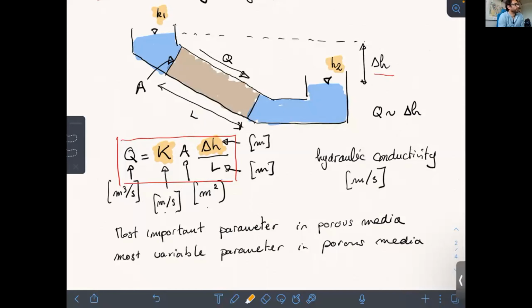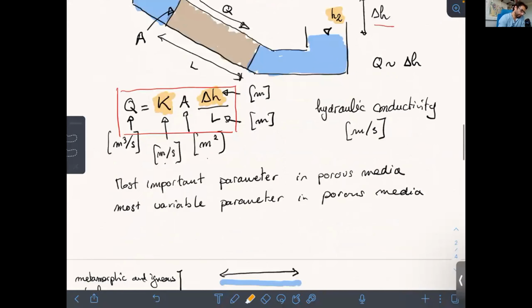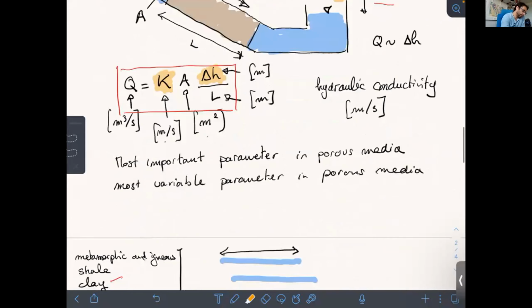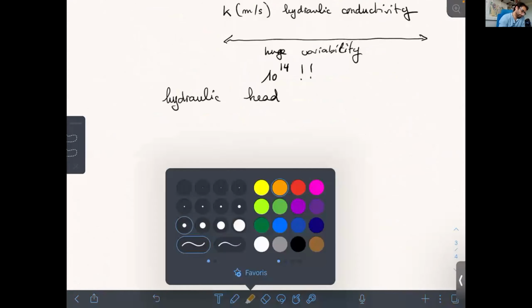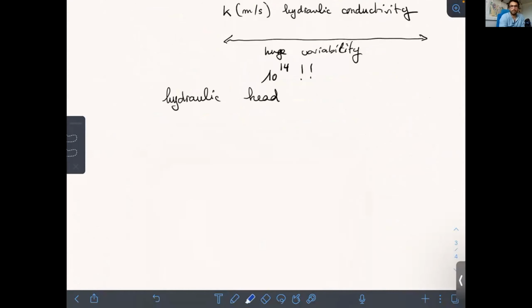So how do we understand these levels inside the reservoir and aquifer? Here we need to introduce a concept that is also very, very important, called hydraulic head. The hydraulic head is, after the permeability, the second most important parameter in porous media.